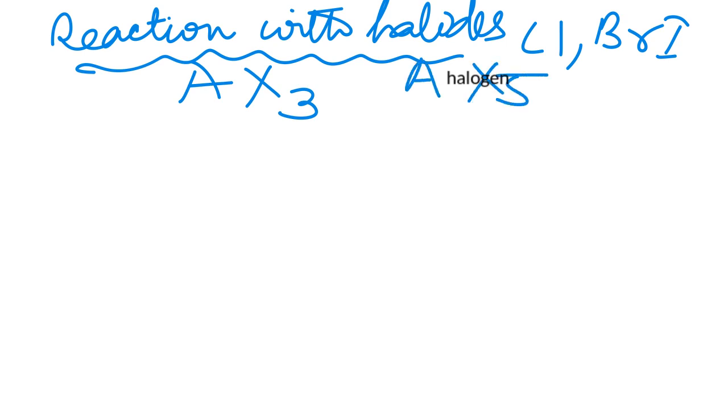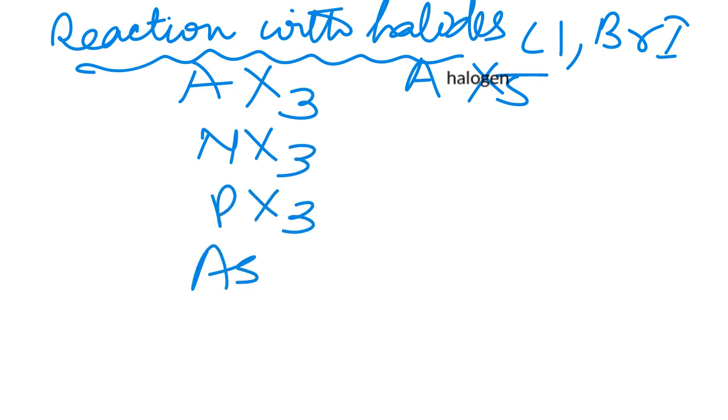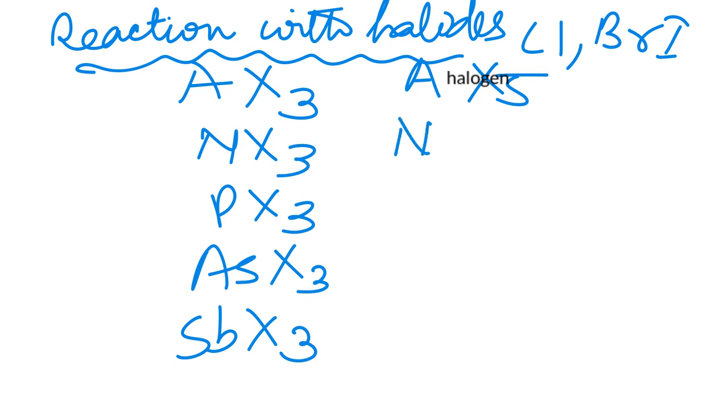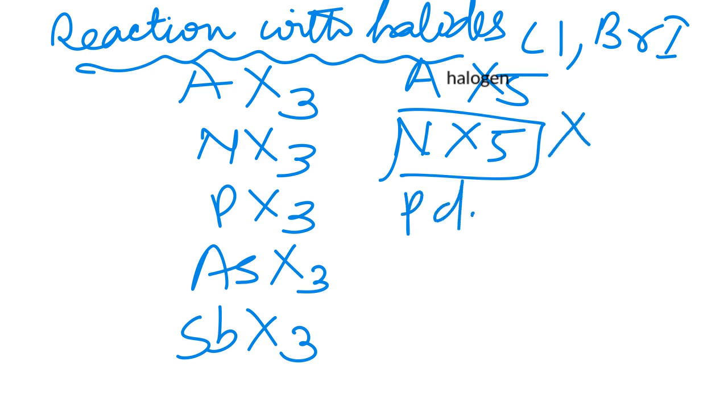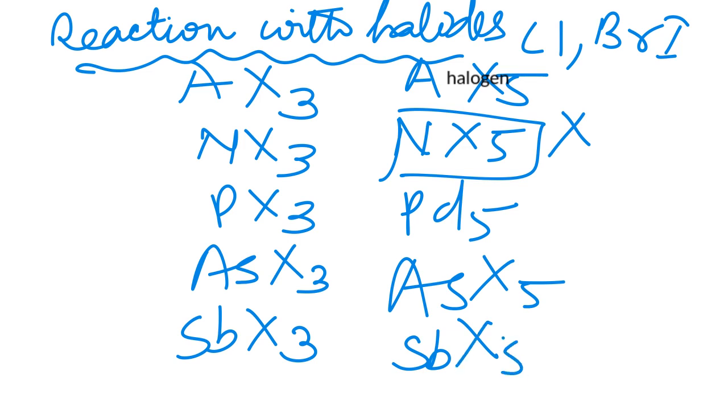So nitrogen will form NX3, phosphorus PX3, arsenic AsX3, SbX3. Then nitrogen will not form X5, I have told you the reasons also. Then PCl5, then AsX5, SbX5. Okay.